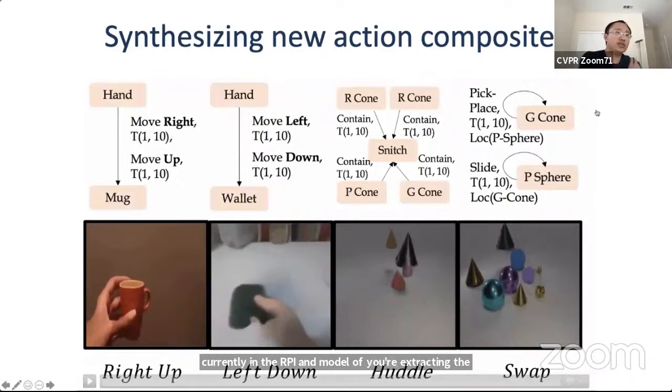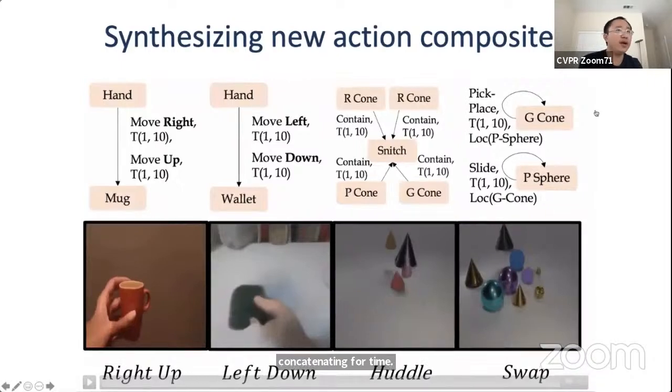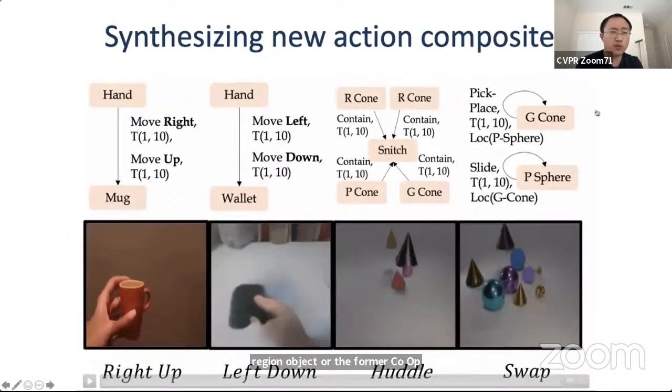Currently in the RPIN model, we are extracting the ROI features of the object, and the ROI feature is also concatenated through time. Ideally, the feature should learn to recognize whether it is a rigid object or a deformable object. But it's currently still completely learned from pixels. It's a good suggestion.